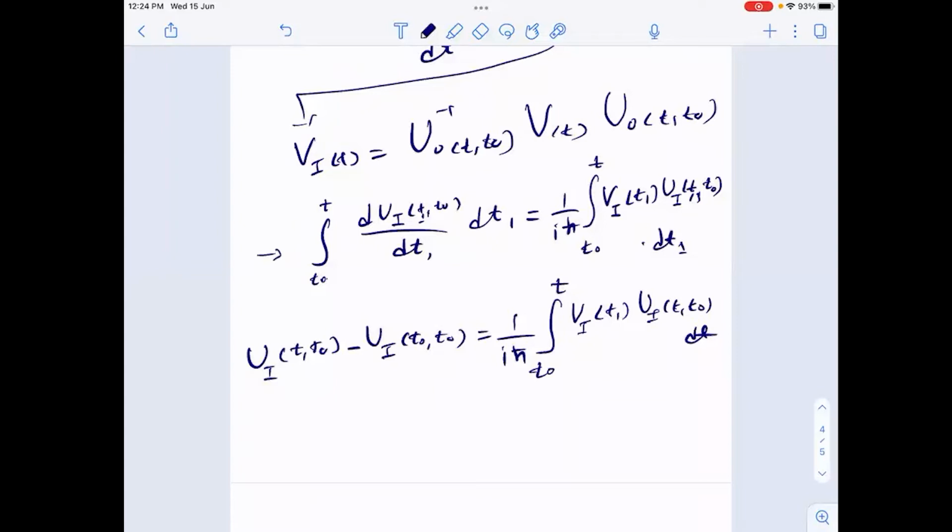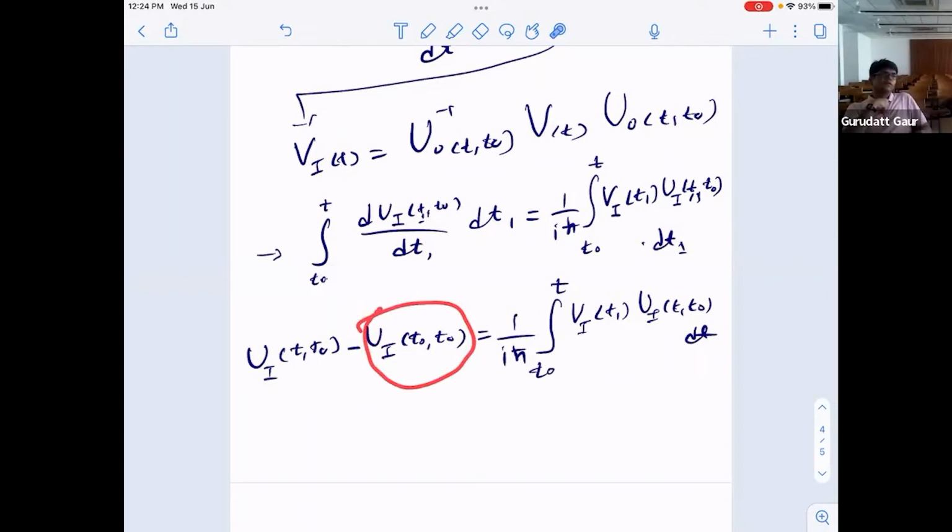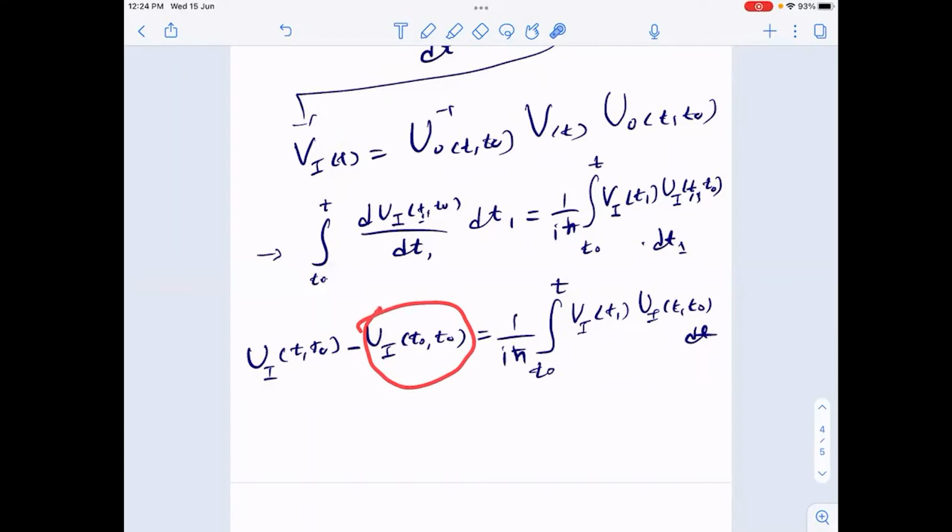I want to draw your attention to UI T0 T0. What is our U? That is U naught. So UI T0 is U naught. Right, so it's a unitary operator. So for the simplification purpose, we can consider this to be unitary. Do you agree or not?